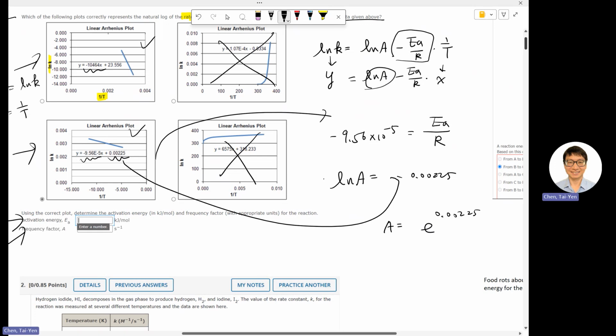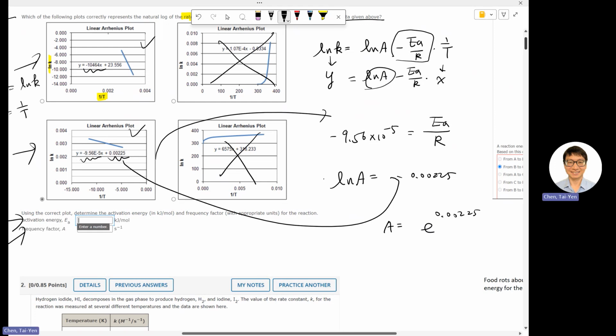The rate constant k equals the frequency factor A multiplied by the exponential of minus EA over RT. So that is how you can solve for your A and also your EA.